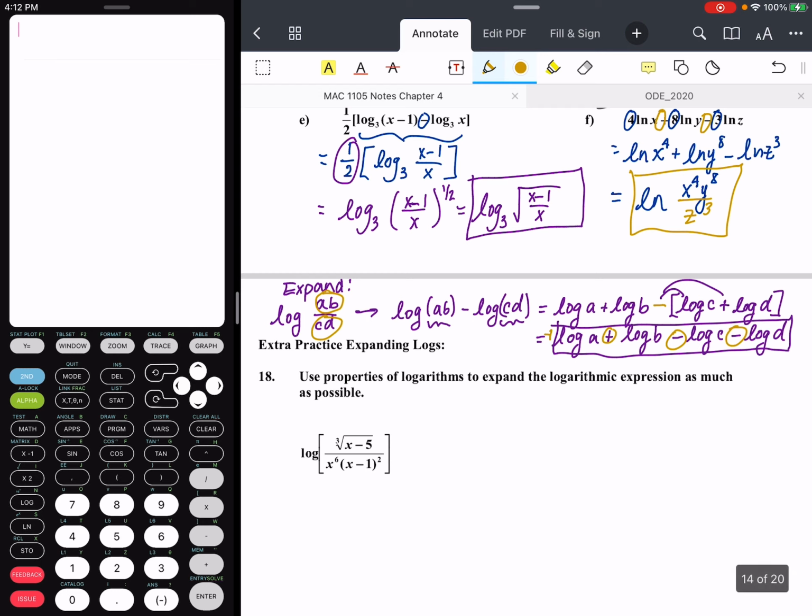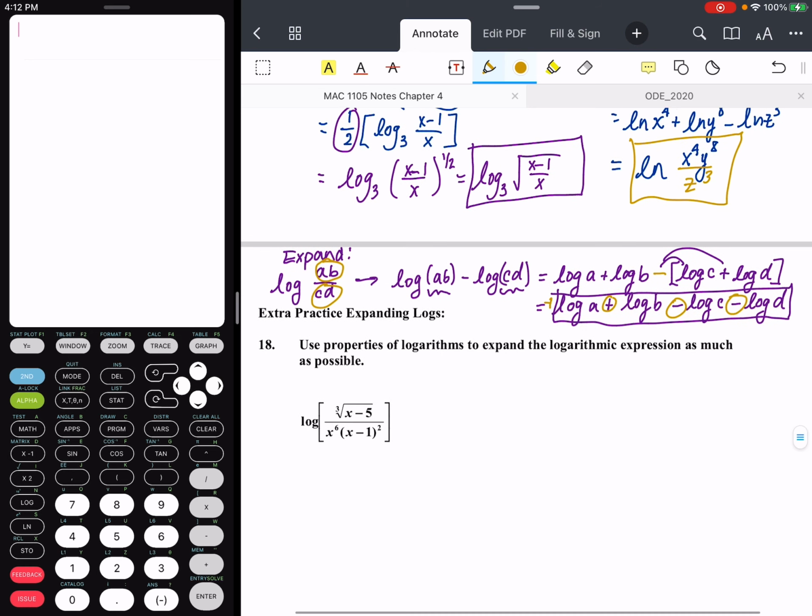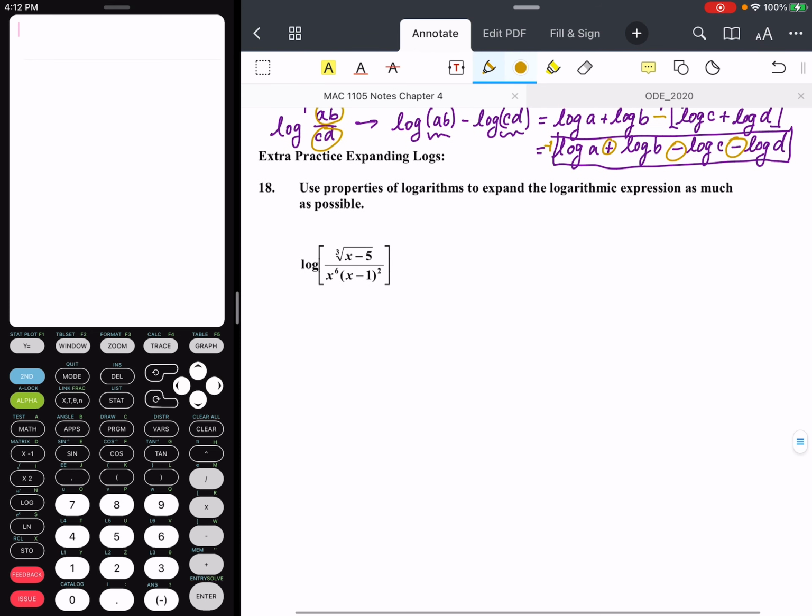So I just want you guys to notice that. The numerator, positive coefficient; denominator, negative coefficient, okay? And the same would be true if we're trying to condense. So if I were given that expression in the box and I was asked to condense it, I would know that the c and the d are going to end up in my denominator in the condensed version, okay? All right, so having said that, let's take a look at number 18.